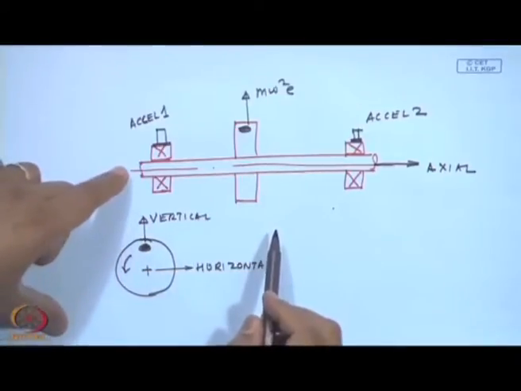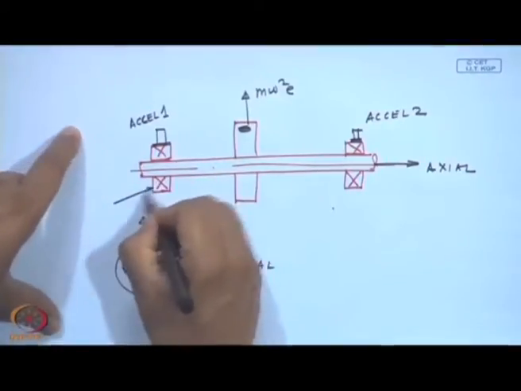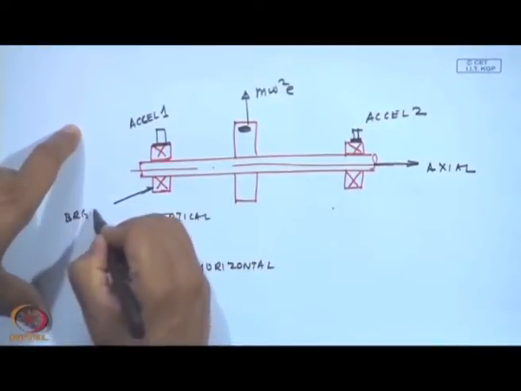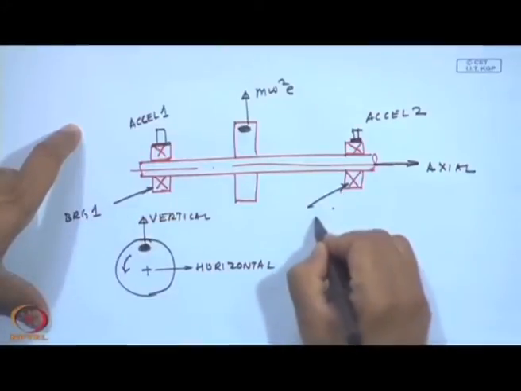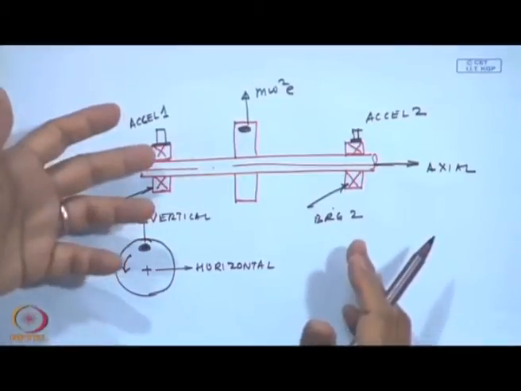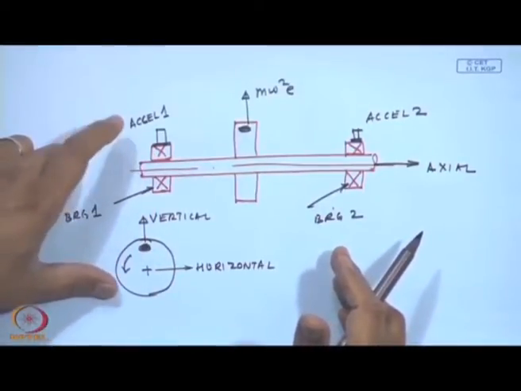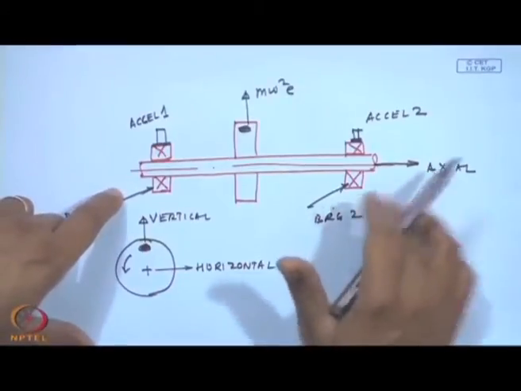In this example, I am measuring the vibrations at two locations. This is bearing 1 and bearing 2, because I can obviously only put the accelerometers at fixed rigid locations, and these are necessarily bearing 1 and bearing 2.